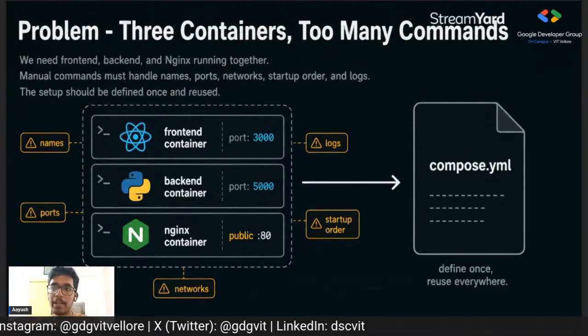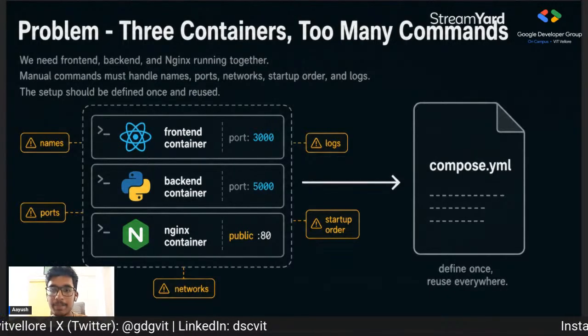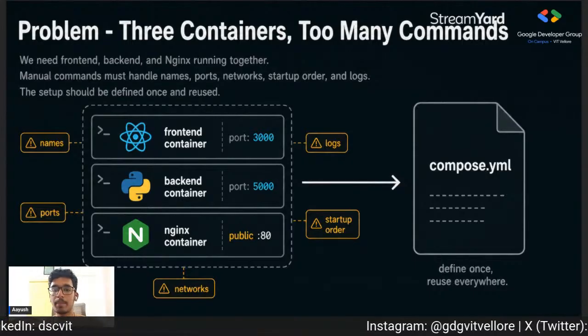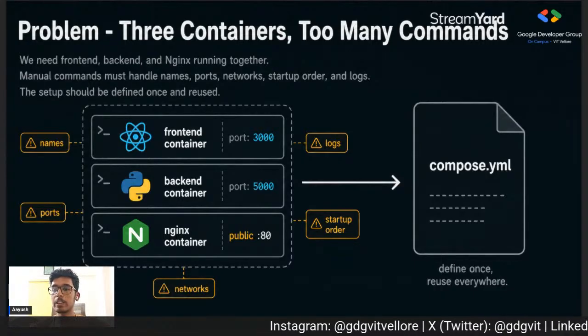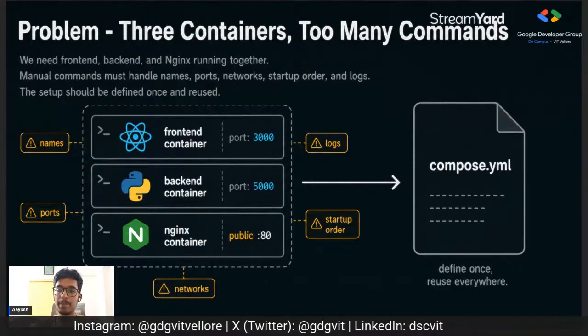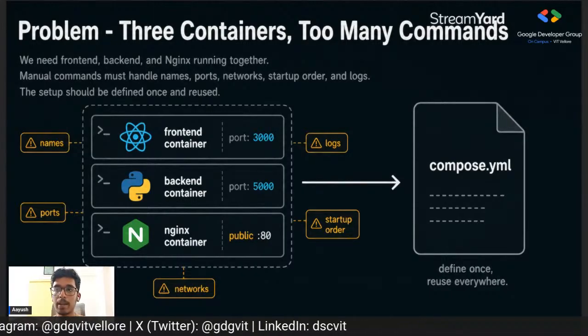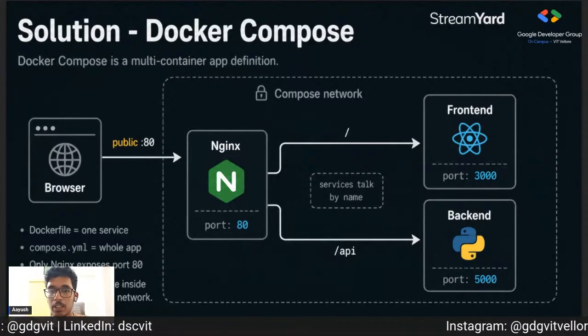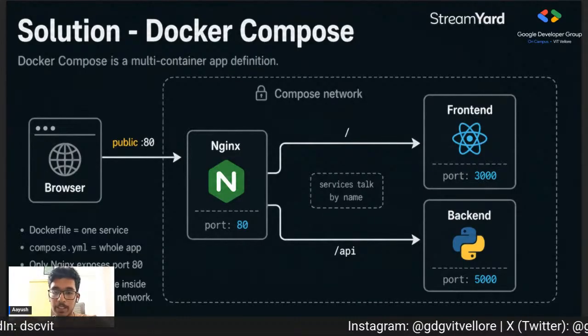That gets complicated real quick. So a solution to that is Docker Compose. Docker Compose lets us define the whole app in one file. So instead of running everything one by one, I run it inside Docker Compose's network.